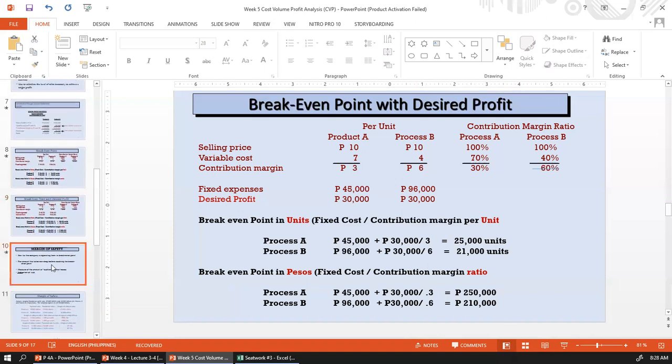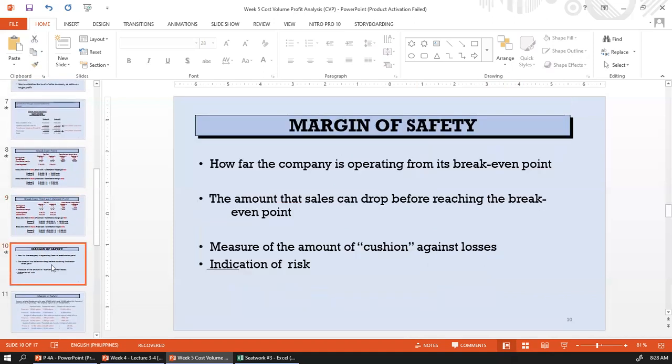Now we go to margin of safety. What is margin of safety? The margin of safety will determine how far the company is operating from its break-even point. Gaano karami bago siya makarating sa break-even point. Then you will suffer a loss pag below break-even point.